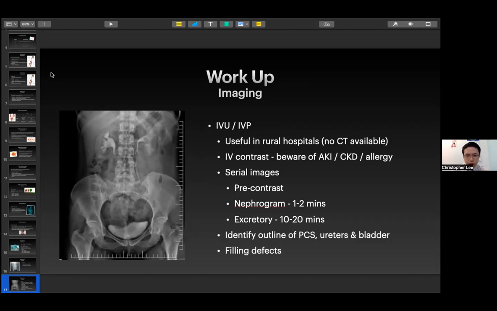You may take a few serial images during this period to see the gradual enhancement of the pelvicalyceal system, followed by the upper ureter, lower ureter, and then the bladder as the contrast slowly gets excreted into the system. So in IVU, you can identify only the outline of the collecting system and the ureters and bladder, and you can see filling defects such as stones, tumor, blood clots, but you cannot see any surrounding organs.